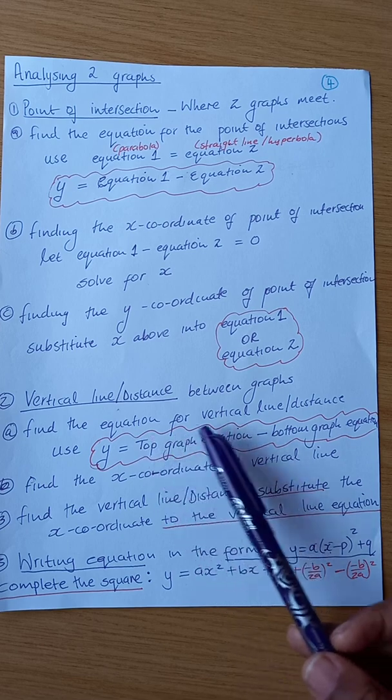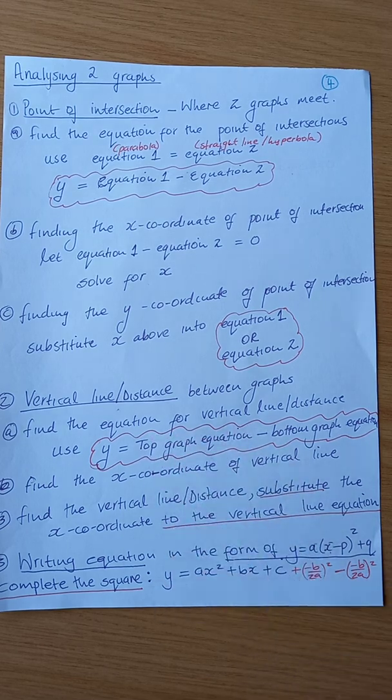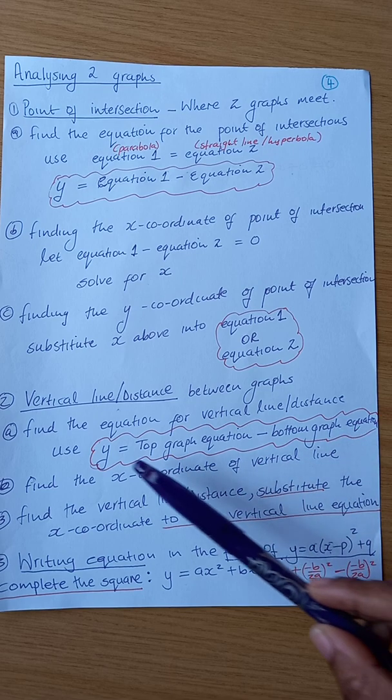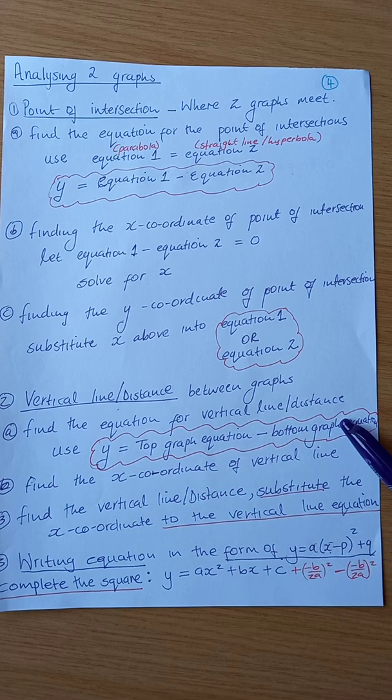You look at which graph is at the top, you write that minus which graph is at the bottom, and then you simplify. You will find your equation in the standard form of x squared plus bx plus c.